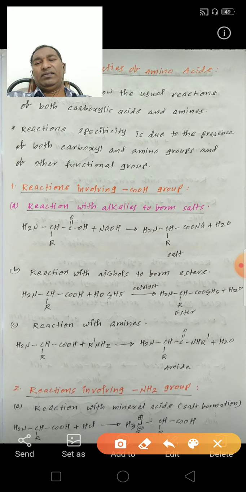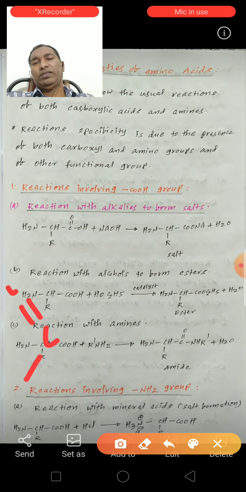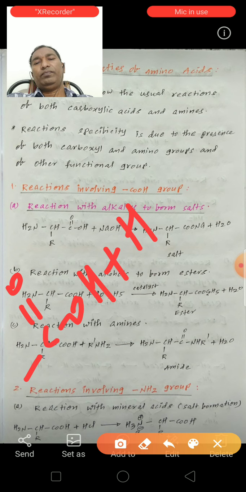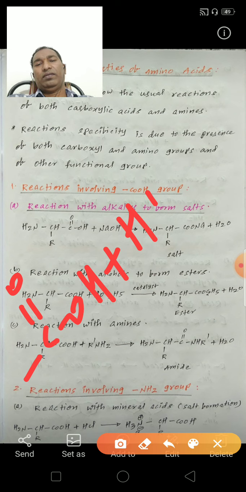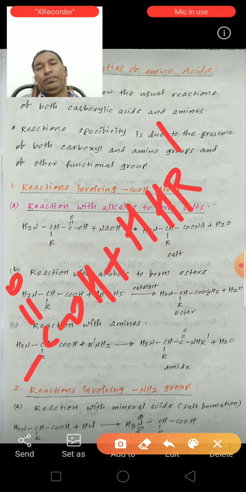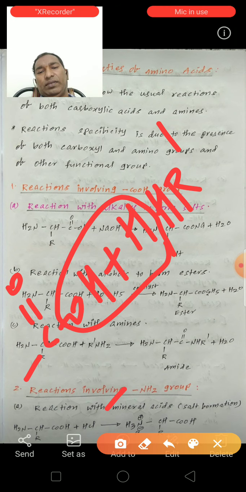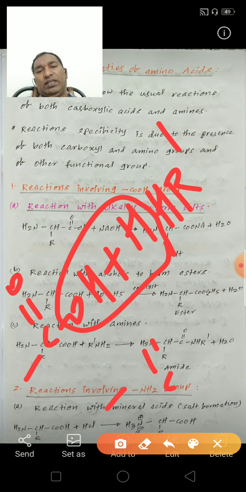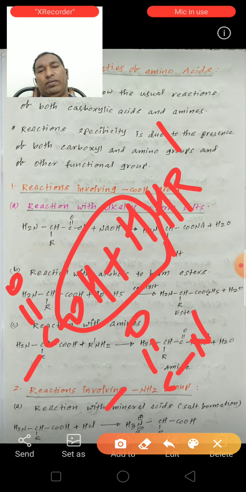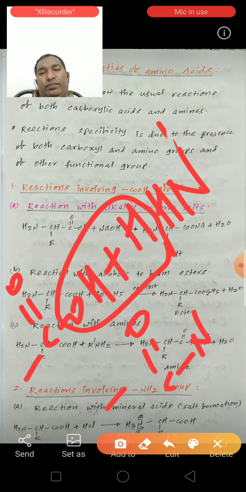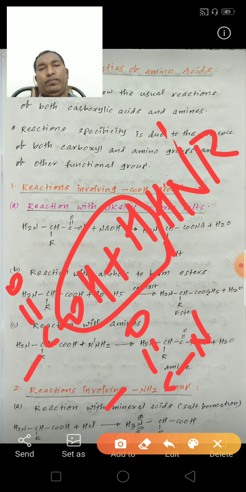See the general reaction: COOH plus amine, the general formula of amine being RNH2.